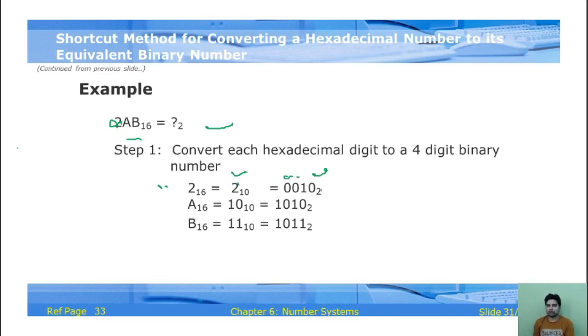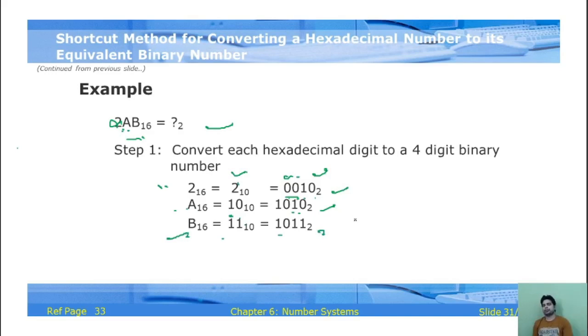In the same way, A means 10, which is 1010 in base 2, and B means 11, which can be written as 1011.